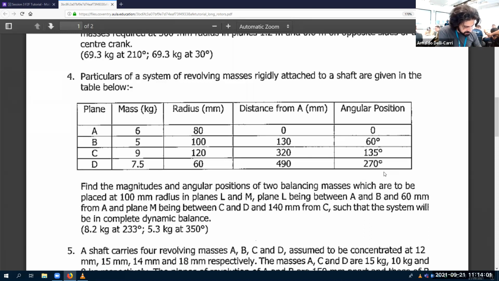So I have mass B, which is a 5 kilogram mass at 100 millimeters. And the distance from A is 130 millimeters and 60 degrees angle.